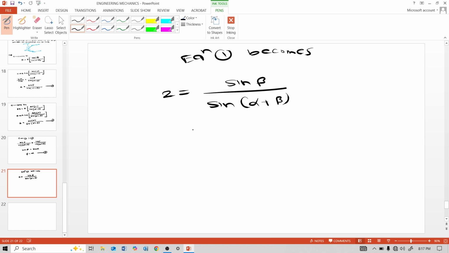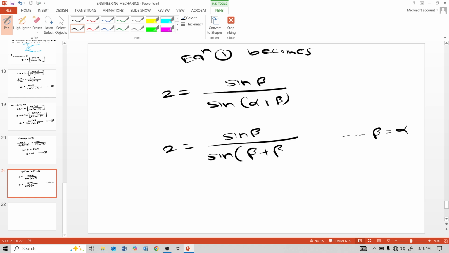Due to equation 3, beta is equal to alpha. So 2 is equal to sine of beta, take as it is, but convert alpha into beta, because alpha is equal to beta. So sine of beta plus beta is sine of 2 beta: sine of beta upon sine of 2 beta.